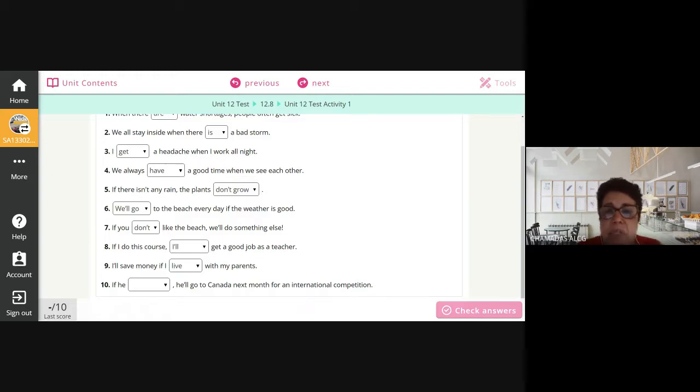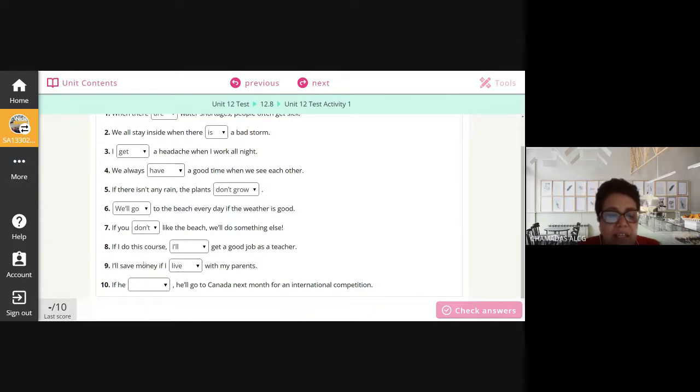It doesn't matter the position. The if clause is always the if clause, okay? I have to follow the rule. If the if clause is in the beginning, okay, simple present. If the if clause is in the end, okay, again, simple present. So if clause plus simple present, okay? It doesn't matter the position.